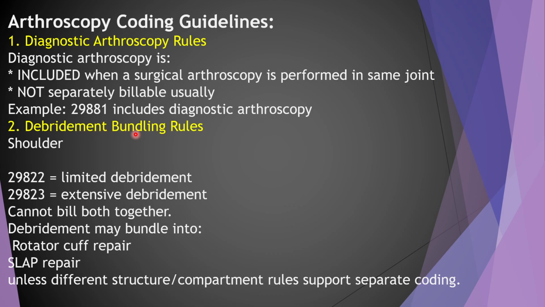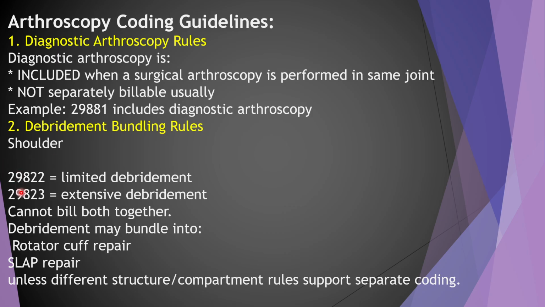Now second, that is the debridement bundling rule. Shoulder, for example. Okay, 29822, that is a limited debridement, and 29823, that is an extensive debridement. We cannot code these two procedures together.